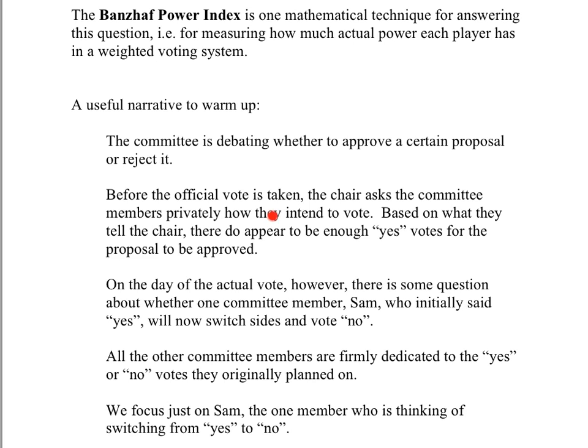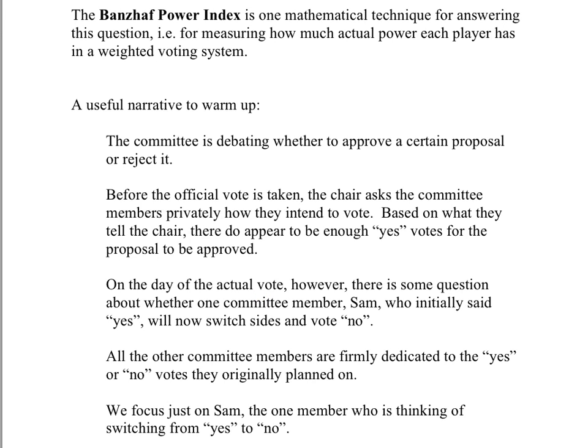Before the official vote is taken, so the narrative goes, the chair asks the committee members privately how they intend to vote. Based on what they tell the chair, there do appear to be enough yes votes for the proposal to be approved. So then what happens on the day of the actual vote?